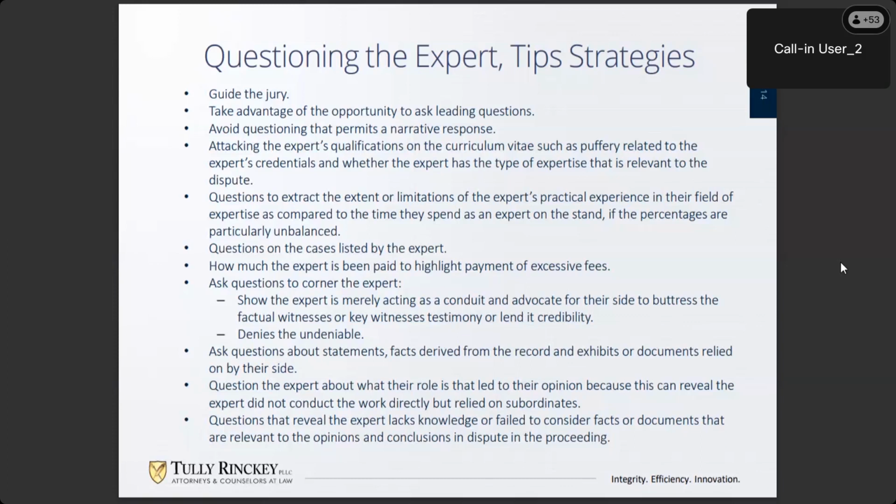Point that out, to show that the cases do not relate to the subject matter or the awards, and show maybe that the expert's evaluation is relying on unreliable sources, leading to an evaluation that is nothing more than conclusory and not supported by reliable sources.